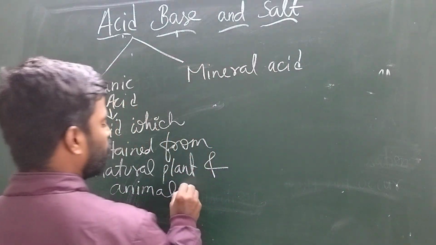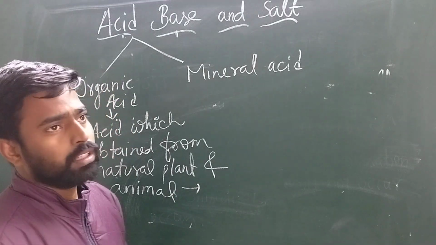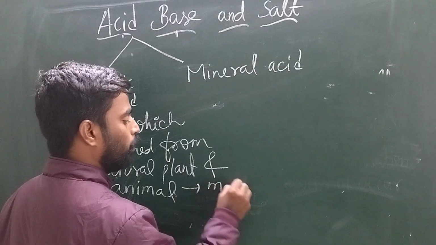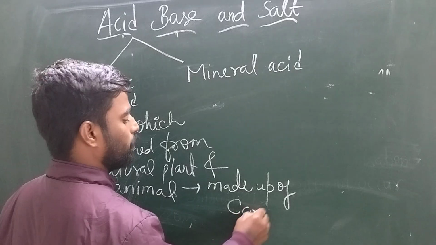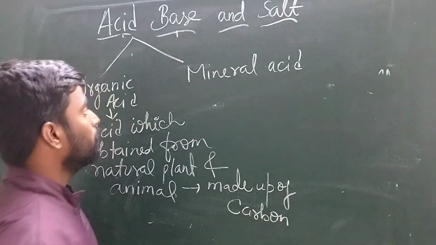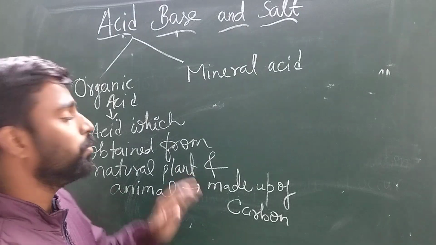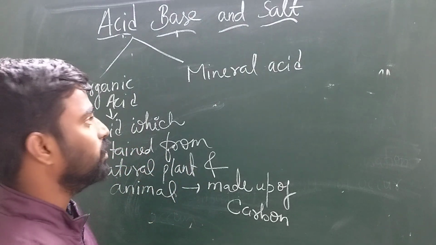They are made up of carbon, as we all know that everything in the universe is made up of carbon. Means organic acid are made up of carbon. They are obtained from natural plants and animal.